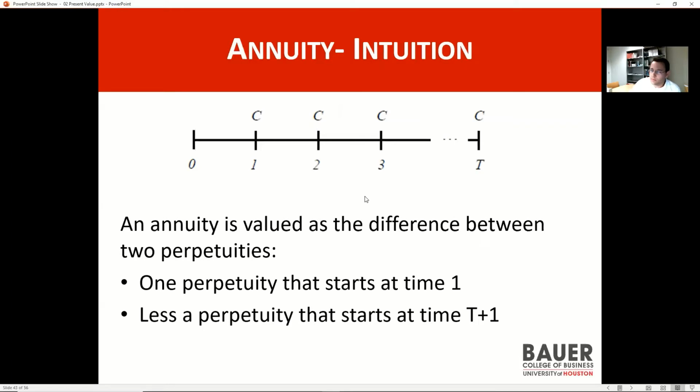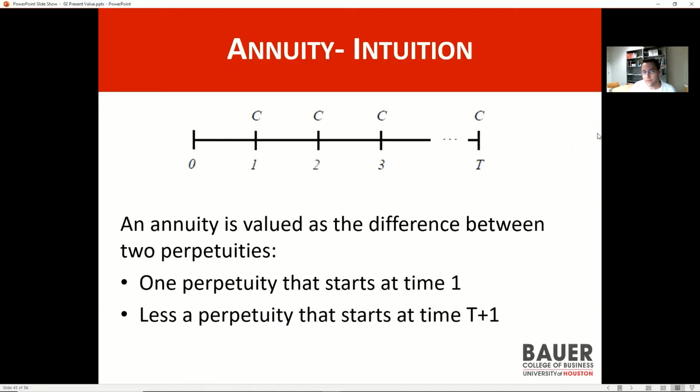If you want to value it, the formula looks kind of messy. So before I show it, I want to show you the intuition here. An annuity is just the difference between two different perpetuities. If you have a perpetuity that starts at time 1 and goes on forever, so it goes past time t and goes on forever and ever.